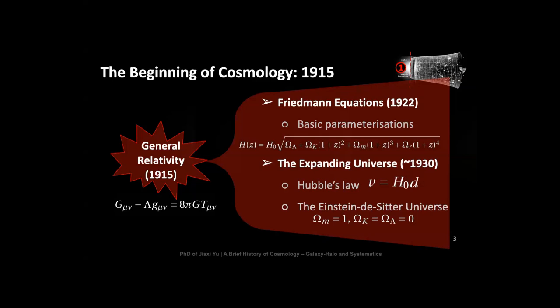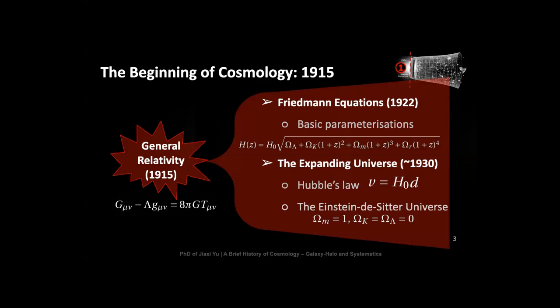On the other side, you have G, the gravitational constant, and you have this tensor, T mu nu. T mu nu represents the content of stuff in the universe, whether it's matter, radiation, or other components.